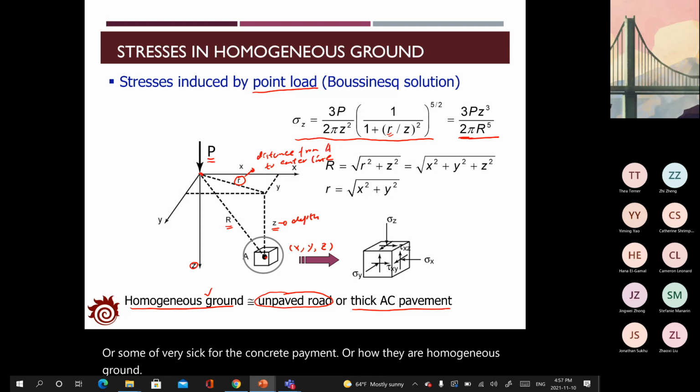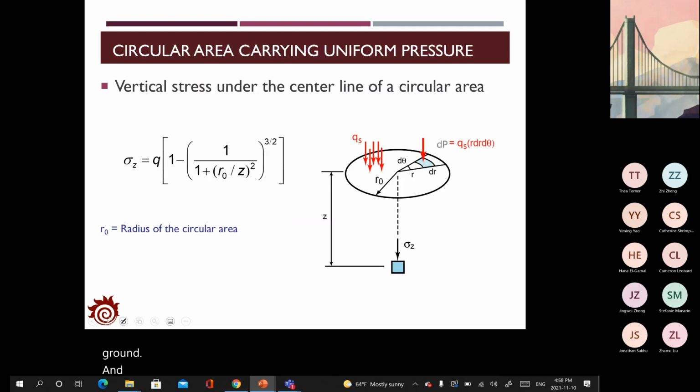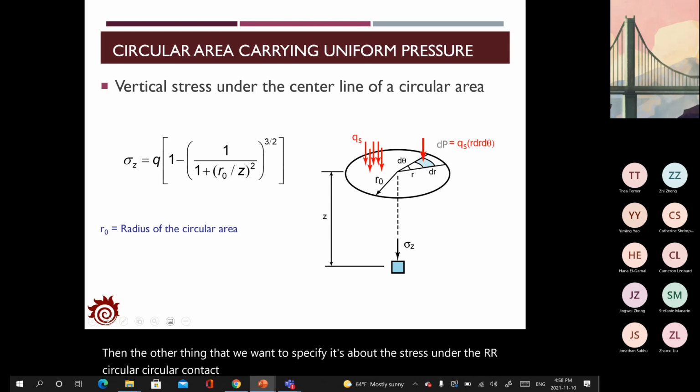And the other thing that we want to specify is about the stress under the circular contact area, instead of point load.